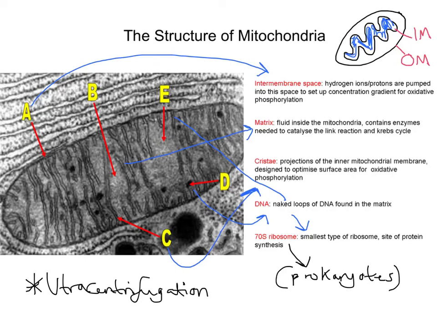So an interesting question arises, why would ribosomes in cytoplasm be 80S and yet those in the matrix be of 70S? And there's actually a theory that's been put forward to suggest that mitochondria were early primitive prokaryotic cells, almost like mini bacterial cells, if you like, that got enveloped into larger eukaryotic cells and remained. So it's an interesting point to note that the ribosomes are of that different kind of type. They're of the smaller 70S type.